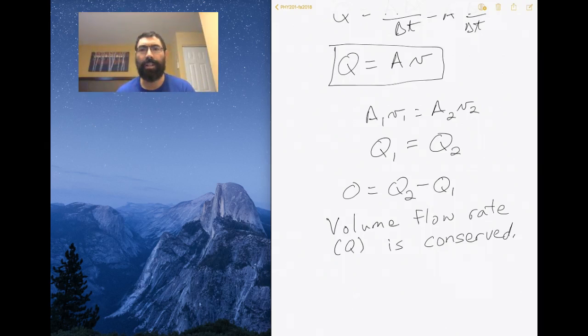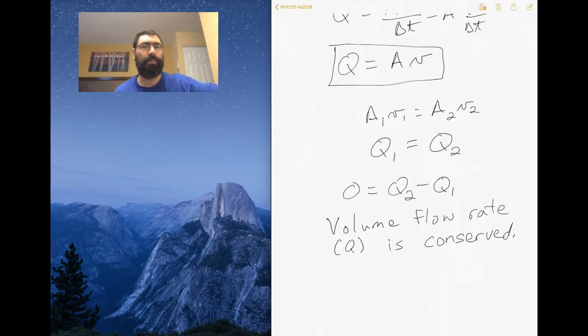It's a conserved quantity, which means that every place inside the pipe the volume flow rate is the same. It's the same volume flow rate in the larger area. It's the same volume flow rate in the narrower neck of the pipe.